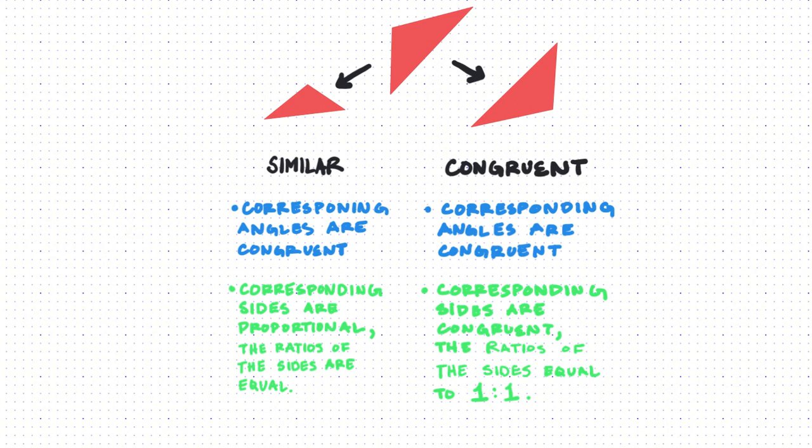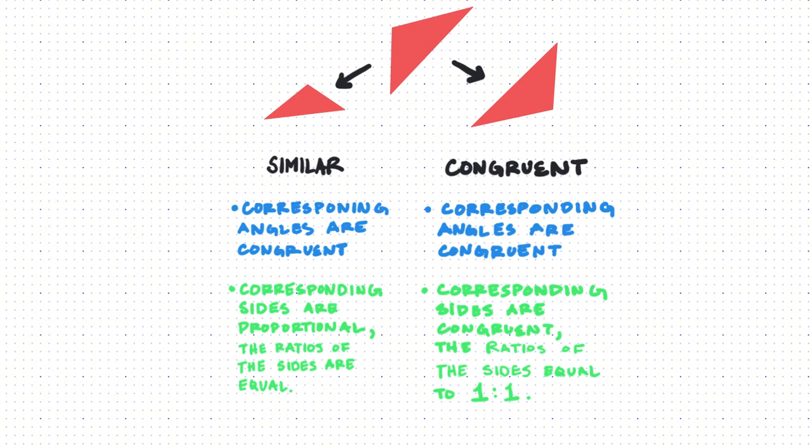Whereas with congruent shapes, they too have congruent corresponding angles, but the corresponding sides must have a ratio of exactly 1. It can't be 1/2, it cannot be 2, but all the sides must have that same ratio of exactly 1. So what does that look like? How can we differentiate whether a shape is similar or congruent?